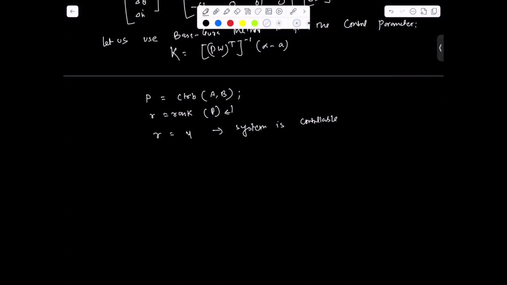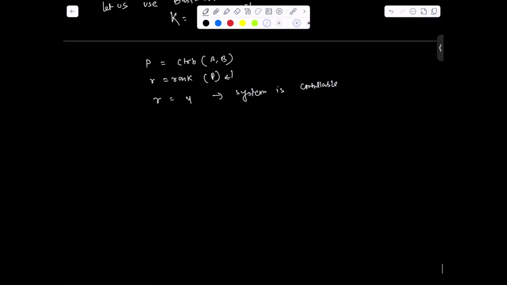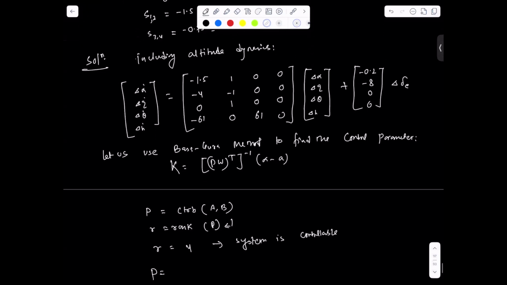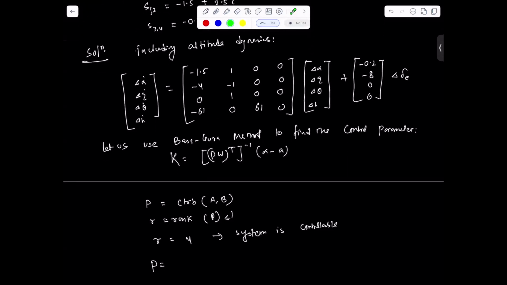And if you remove this semicolon, we can also find the P matrix, because the P matrix is required in the Bhaskara method, right?